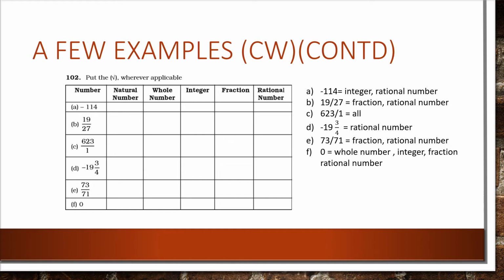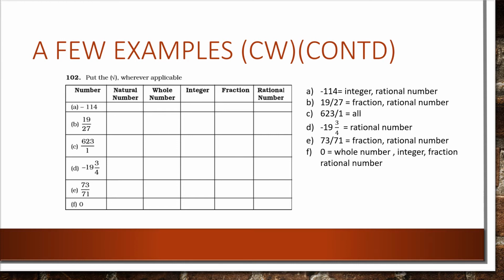Part D, minus 19 3 by 4. Obviously it's not a natural number, it's not a whole number, it's not an integer, it's not a fraction even, but if you convert to a p by q form, we definitely get a rational number.